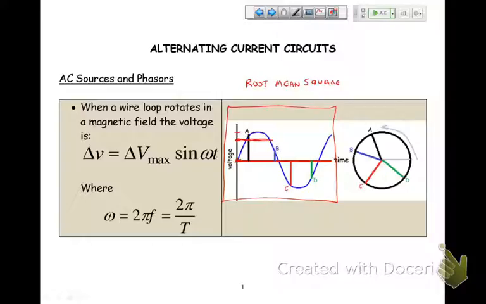First thing we're going to look at is how we deal with this problem, which is that this cycle keeps repeating, and we'd like to be able to talk about it in better detail. What we find is that it's actually quite advantageous to represent this oscillating sine wave as a phasor diagram.